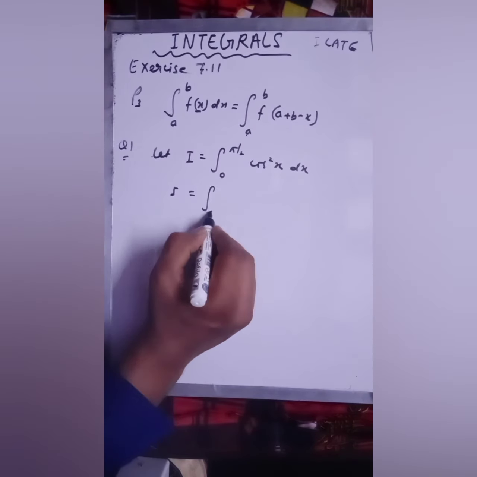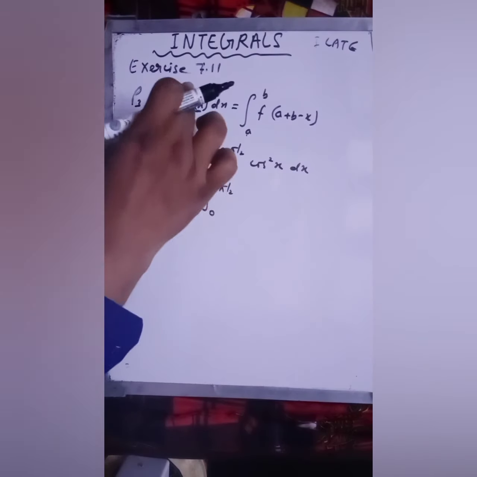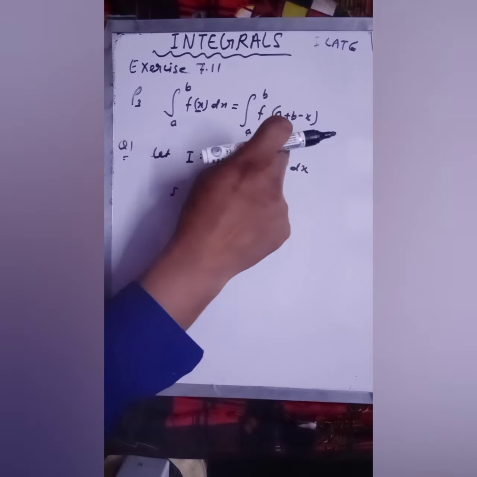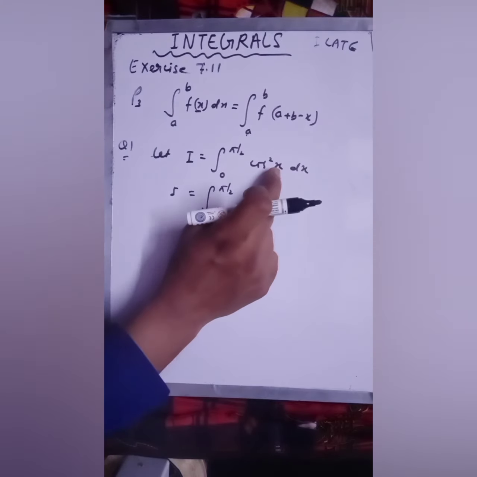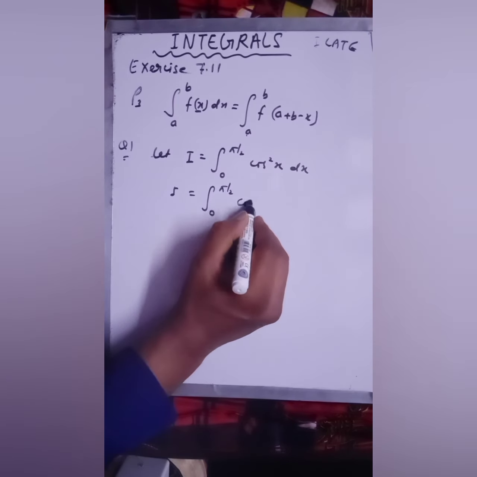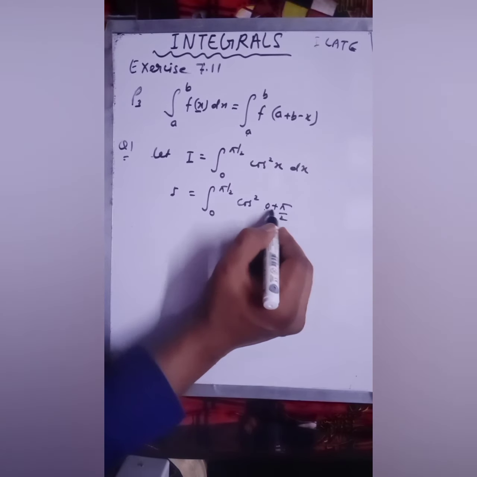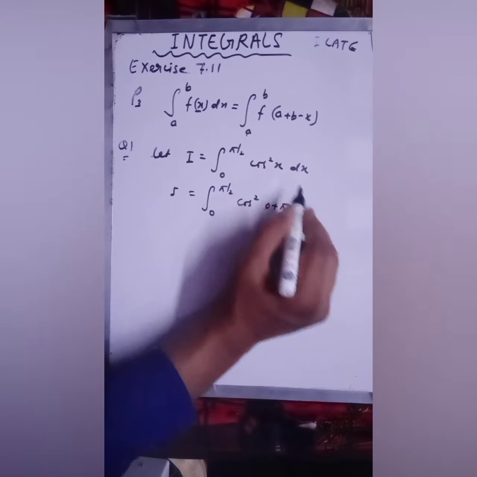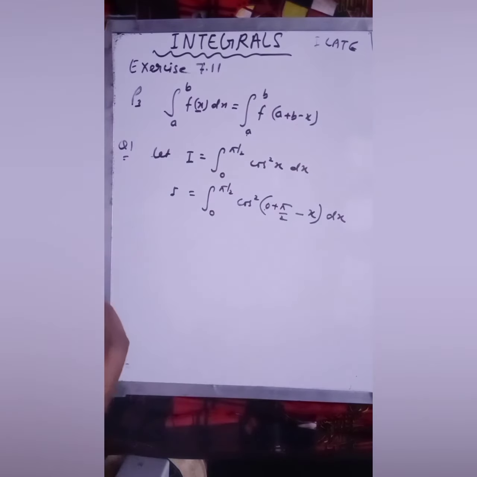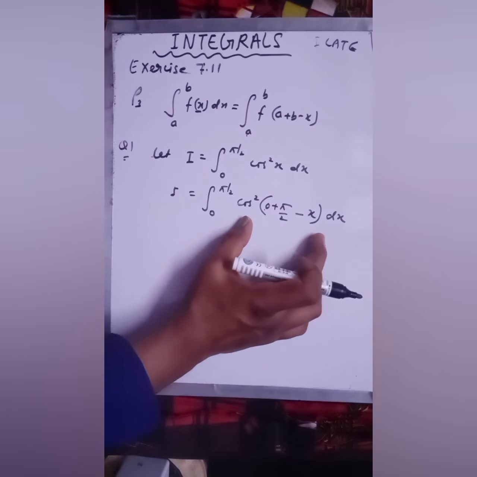The limit will remain the same, a to b, so you will write the same limit. In this part, in place of x you have to add the limits, that is 0 plus pi by 2, this is your a, this is your b, minus x, into dx. Got it? The same property we are applying here.